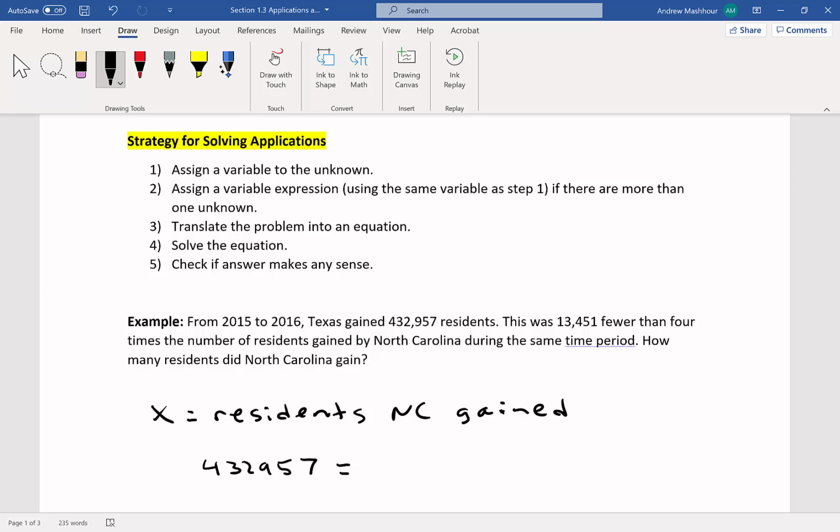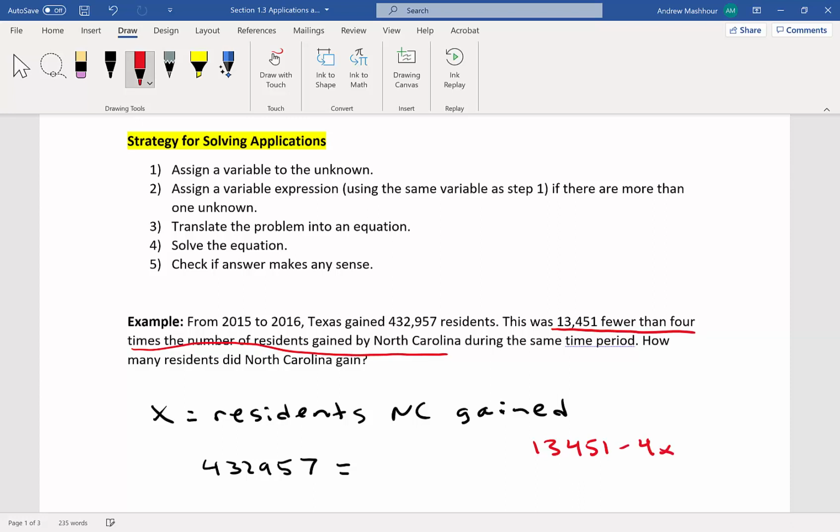Okay, so now we have to write this part out. 13,451 fewer than 4 times the residents gained by North Carolina. Now, a common mistake I see all the time is a lot of students will put 4x, so 4 times the number of residents gained by North Carolina, so that indicates 4x. And they'll put 13,451 minus this number.